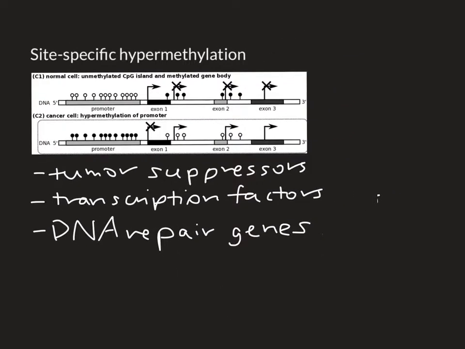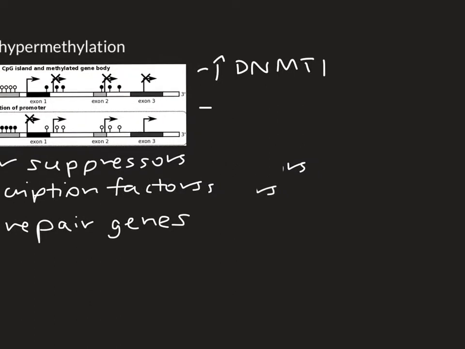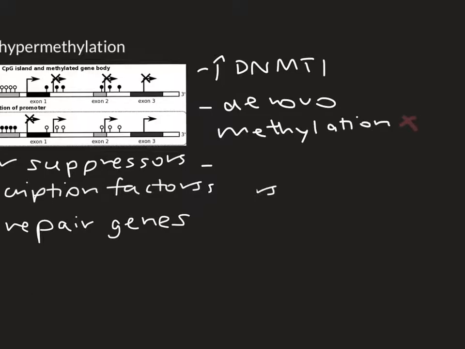Site-specific hypomethylation can be caused by an increase in DNMT1 methylation, errors in de novo methylation, which is carried out by DNMT3A and DNMT3B, and errors in attempting to remove aberrant DNA methylation by means of demethylation.